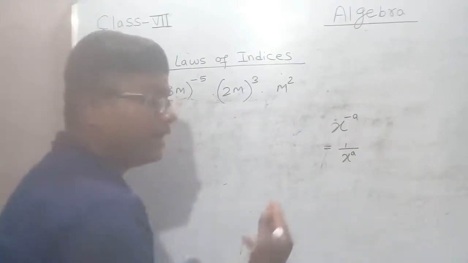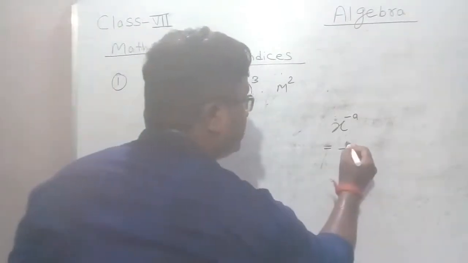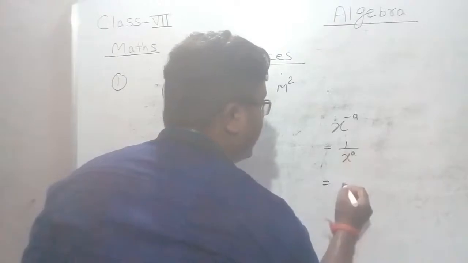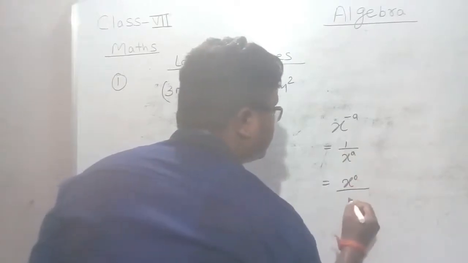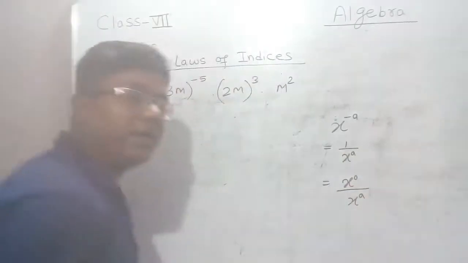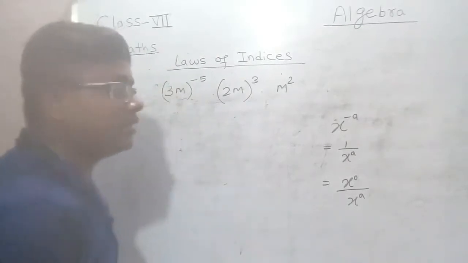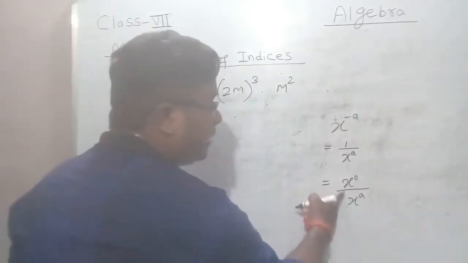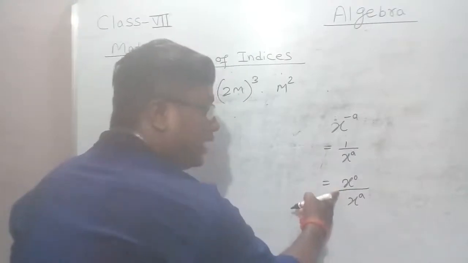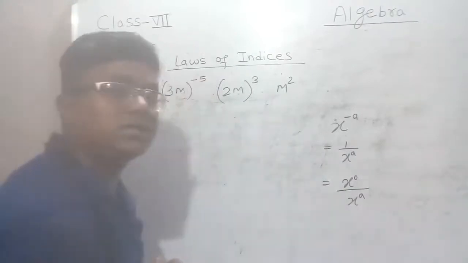Again I am explaining the rule here. In place of 1 we can write x to the power 0, as we know any variable with power 0 is 1. And while dividing, if the base is the same, you need to subtract the powers.